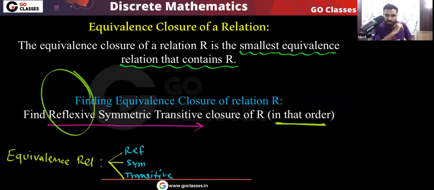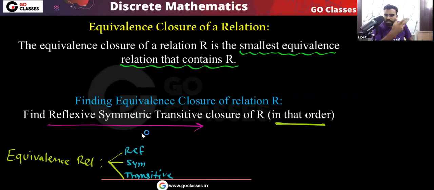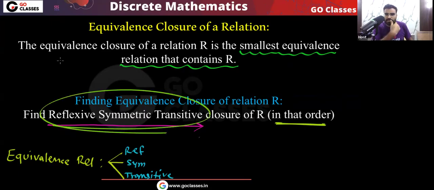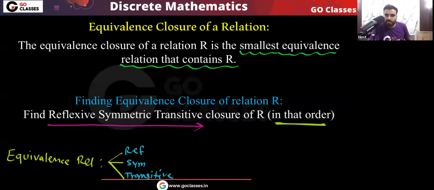First you find reflexive closure, then on top of that symmetric closure, then on top of that transitive closure. But you might be thinking, can we change the order? If I change the order, will I get equivalence closure of relation R? The answer is: may or may not. Okay, let me explain.